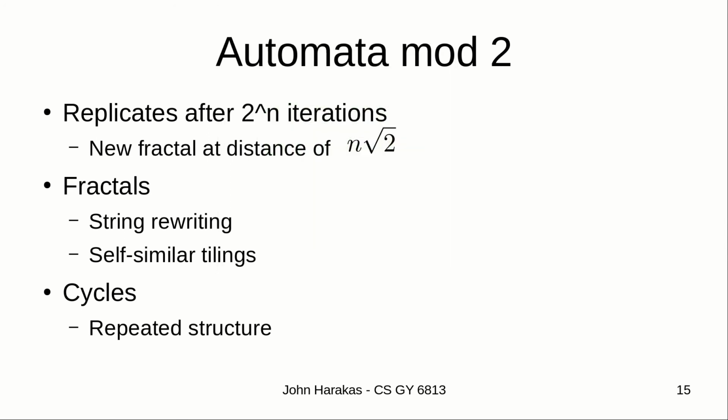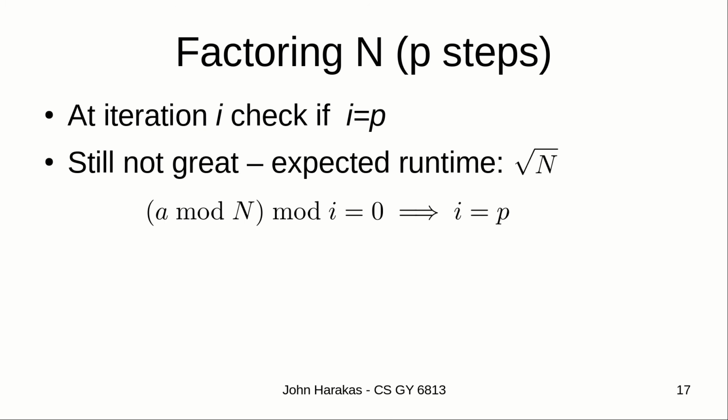All right, moving on. So how do we factor n? If n has a prime factor p, how do we find p? And how do we do this in as few steps as possible? We could check at every iteration and see if our current iteration is the prime factor.